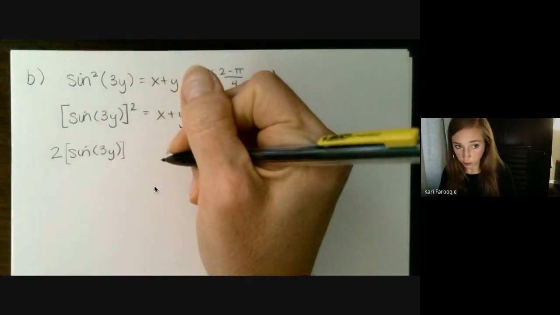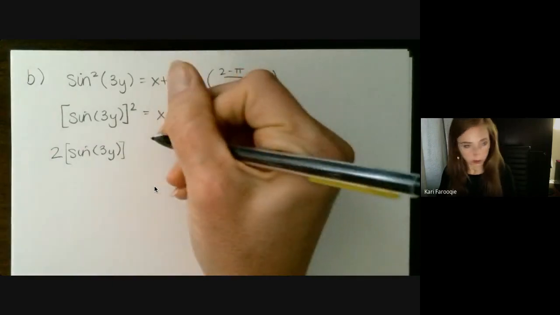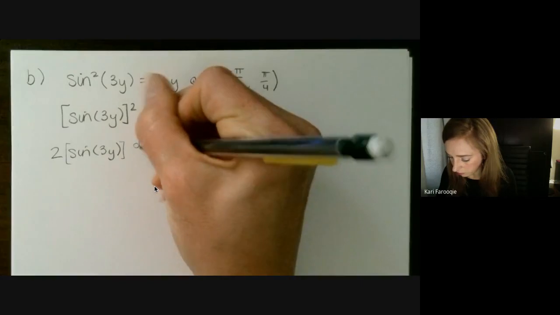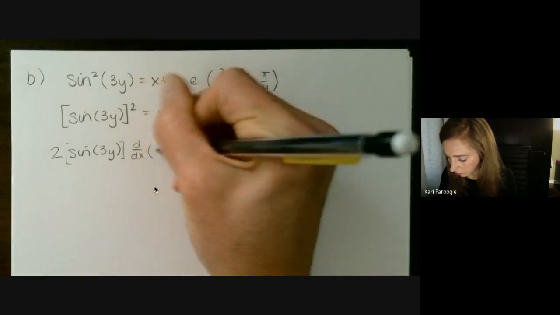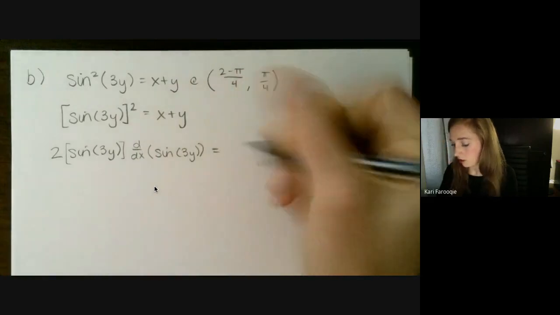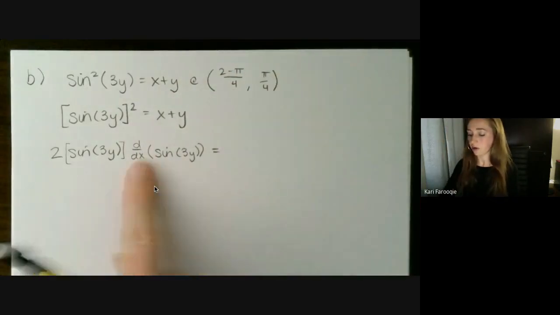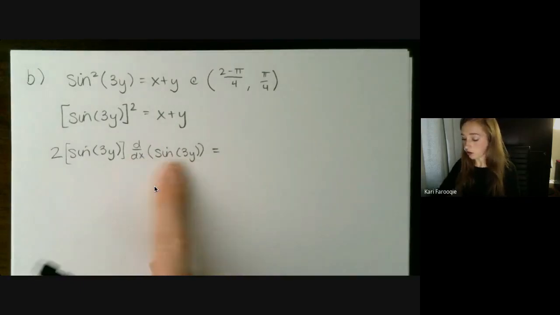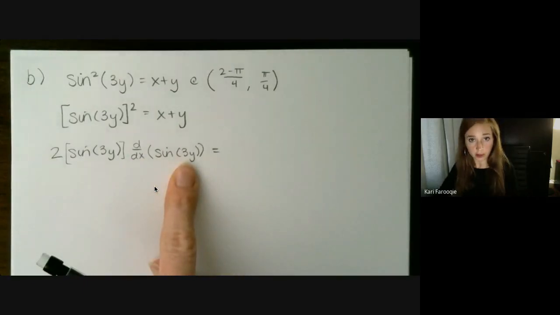If that's too much for you right now, we're going to go ahead and just denote this as the derivative with respect to x of sine 3y. And then we'll find it in the next step. Because this is where our dy dx is also going to come in. Because when we take this derivative, we're going to have to chain on that dy dx.